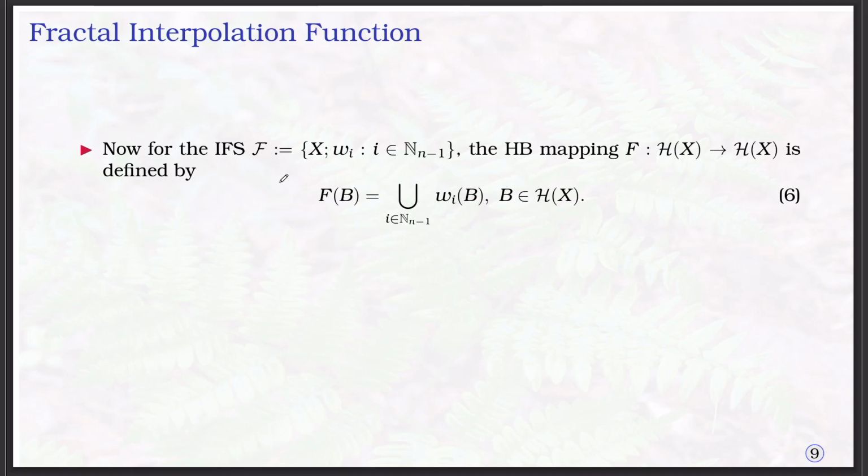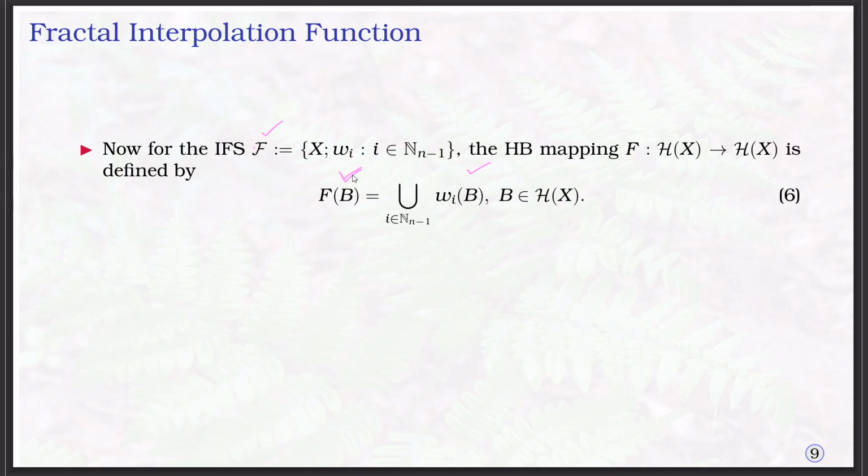Now we can define the Hutchinson mapping on the iterated function system. I can call this iterated function system F. Then F denotes the Hutchinson-Barnsley mapping on the hyperspace of X, defined by F of B equal to the union of Wi of B, where each Wi is a contraction mapping.